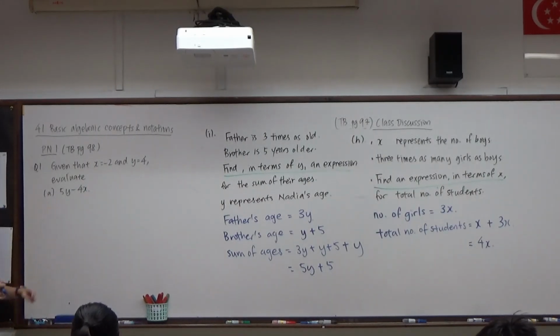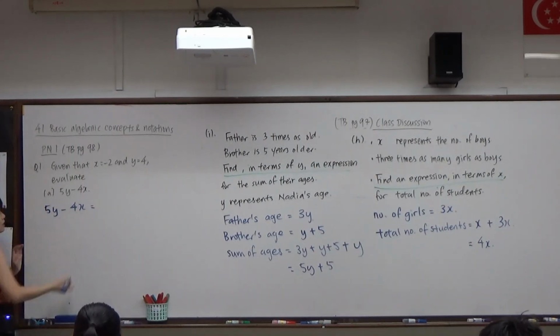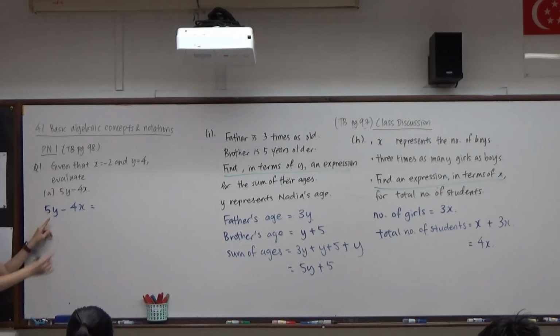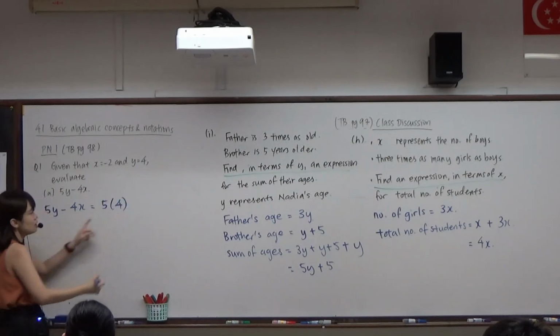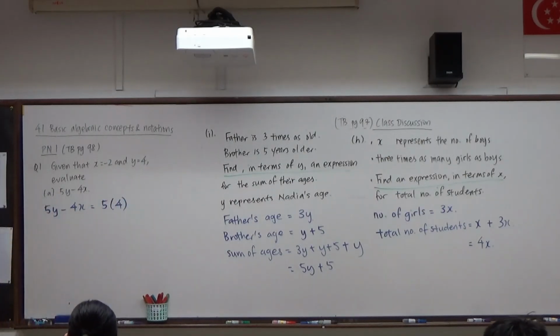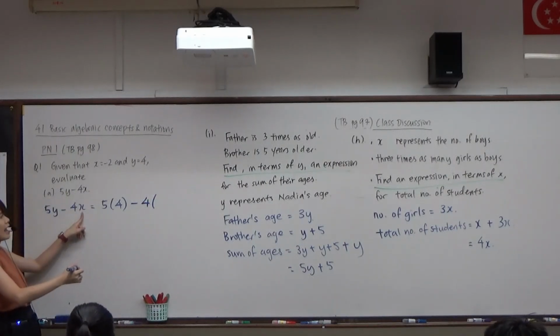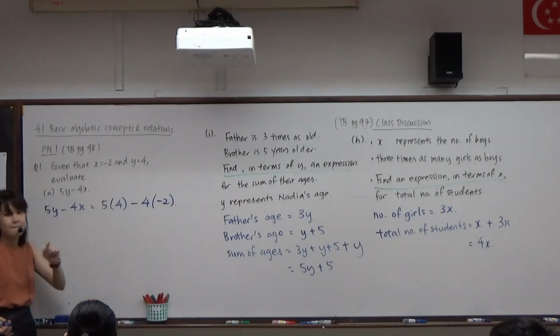Okay, so if I want to find out what is 5y minus 4x, we know that 5y means 5 times y. So if I want to replace the y with the 4, I should have 5 bracket 4, because our brackets serve the function of multiplication. Then after that, minus 4 bracket x, which is now -2 bracket -2.